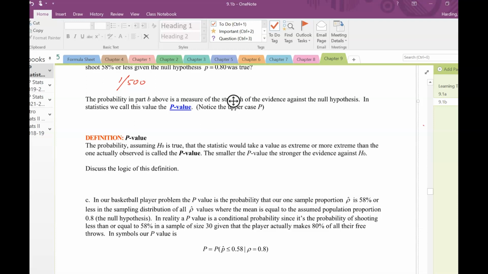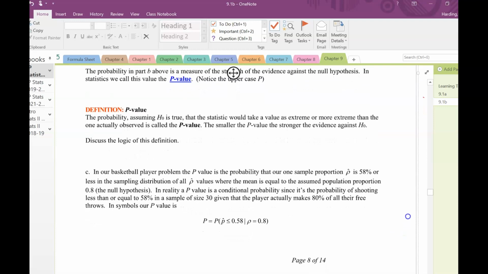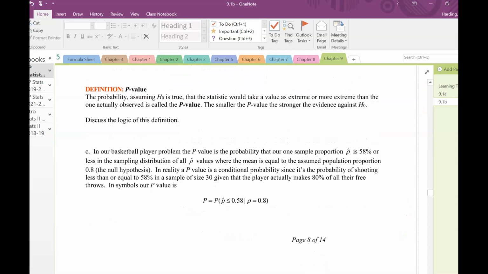The p-value is the probability of getting a sample as extreme as what we might have. The smaller that probability is, the less likely that this has happened just by chance. So then there is stronger evidence against the null hypothesis. And down here at the bottom, one good way to think about this is as a conditional probability.